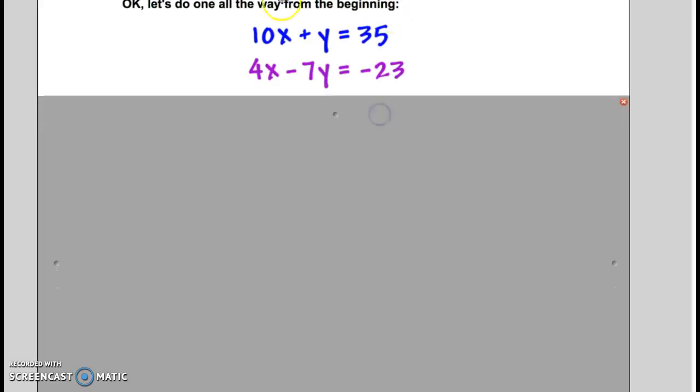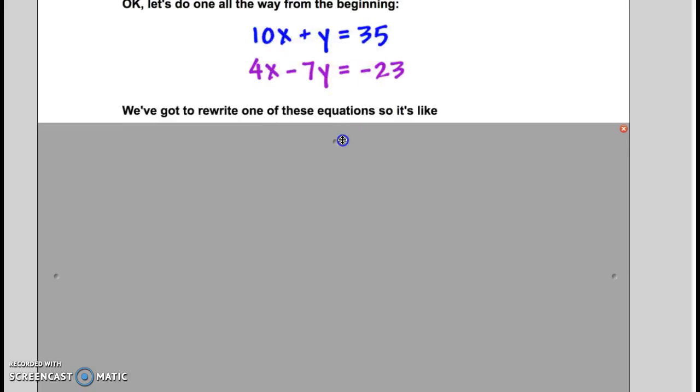Okay, now these are both written in standard form. Here's the clue though. If they're both written in standard form, you want to find the variable that has a coefficient of 1 or -1. If you're going to use substitution, you only want to use substitution if one of the variables in either equation has a coefficient of 1.